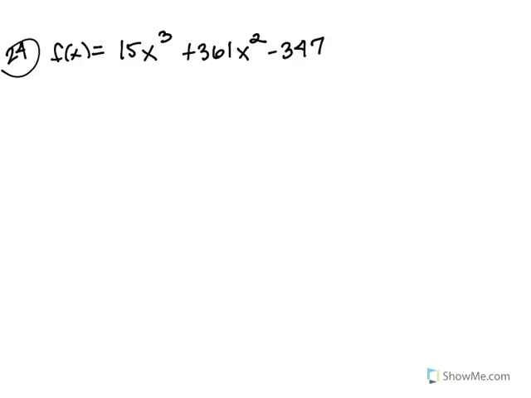All right. 24. It wants you to take this polynomial, 15x to the third plus 361x squared minus 347x plus 75.